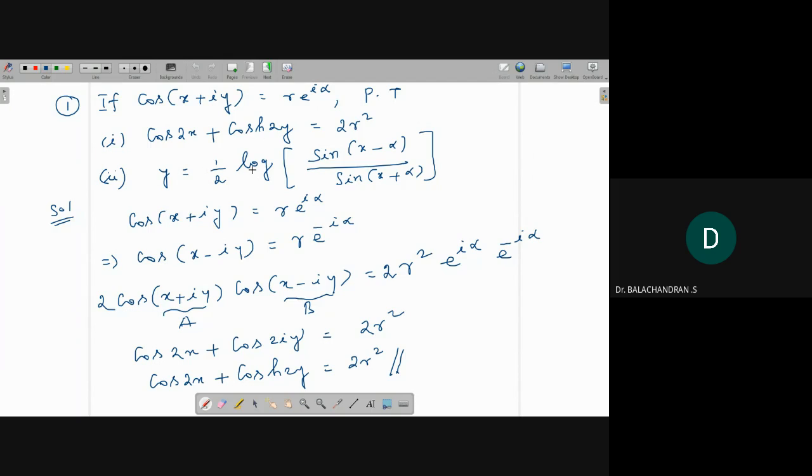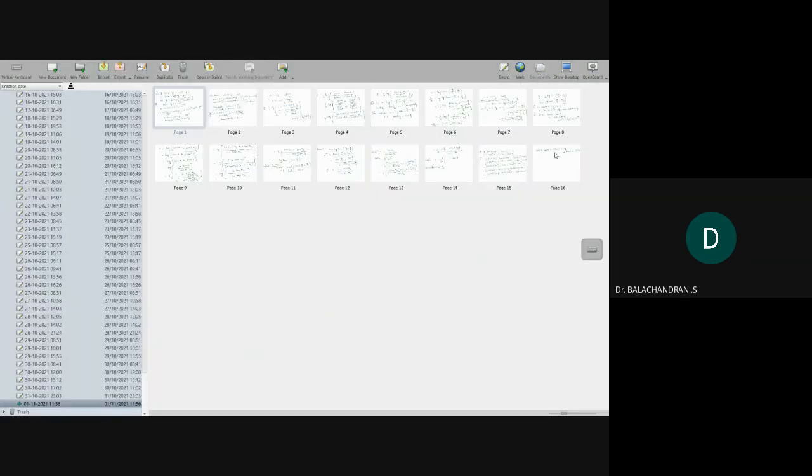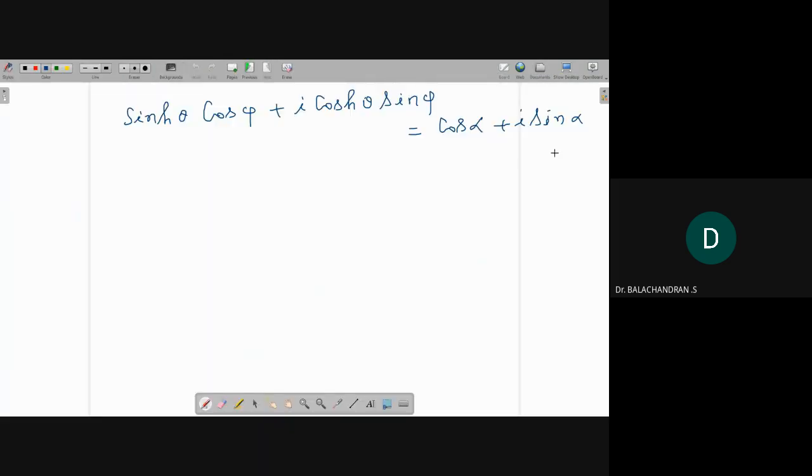But to prove the second part, I write the real part and imaginary part. So most of the problems, this is the common technique. If you keep this in your mind, you can try any problem.